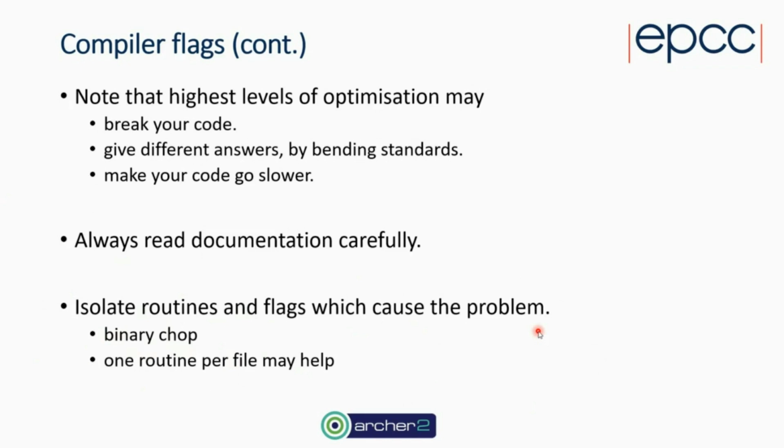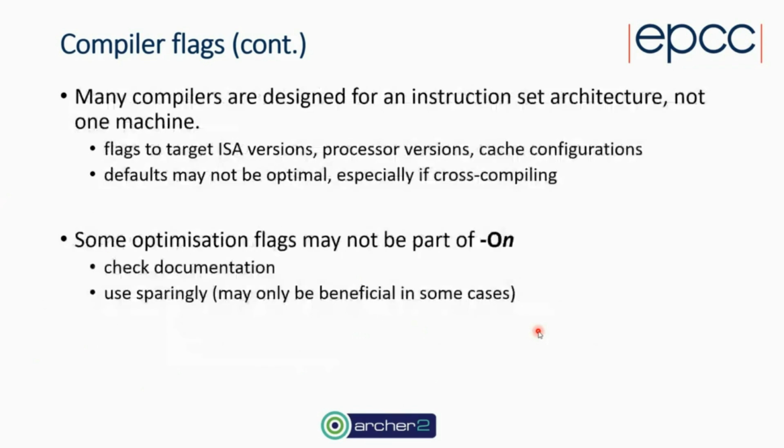So I've seen codes where O2 works fine for everything but one routine, and O2 causes it to crash, so that one has to be compiled at O1 level. And this can vary from compiler to compiler.